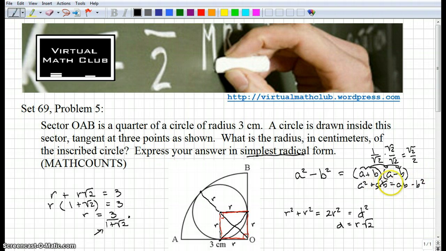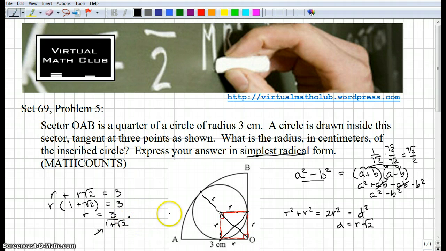You can see these two terms cancel out, and we're left with a squared minus b squared. So anytime you see the difference of two squares, you can automatically factor it into a plus b times a minus b. We can also use this factorization to get the radical off the bottom, because you can see if we squared 1 and squared the square root of 2, then that would be good.